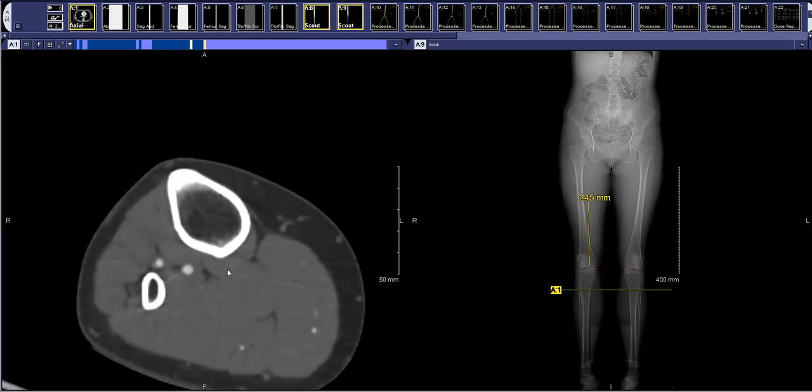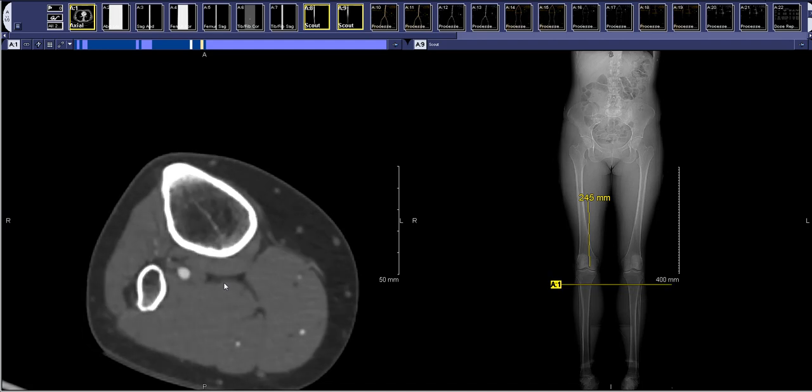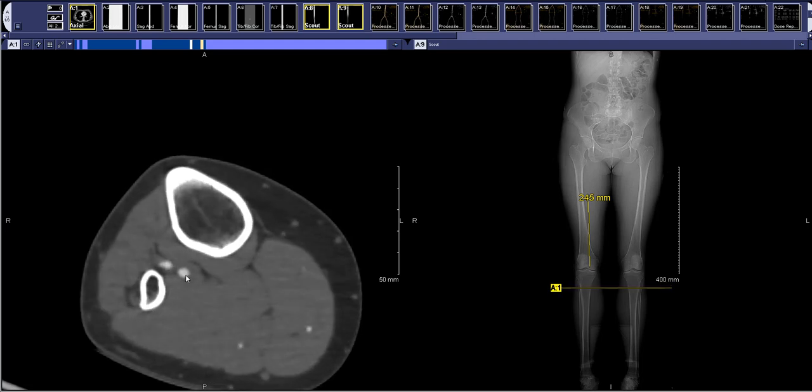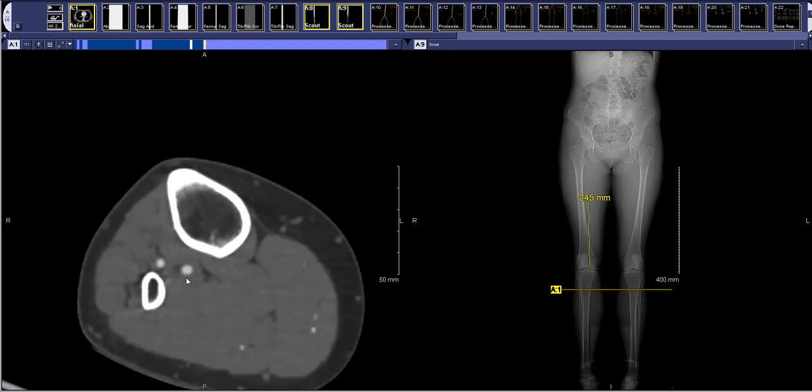The next major thing to evaluate is the runoff in the calf to the foot. So usually a few centimeters below the knee joint, the popliteal artery breaks into two divisions. So that's your anterior tibial artery to the right hand of the screen, and your right hand of the patient, and your tibioperoneal trunk, which is to the left.